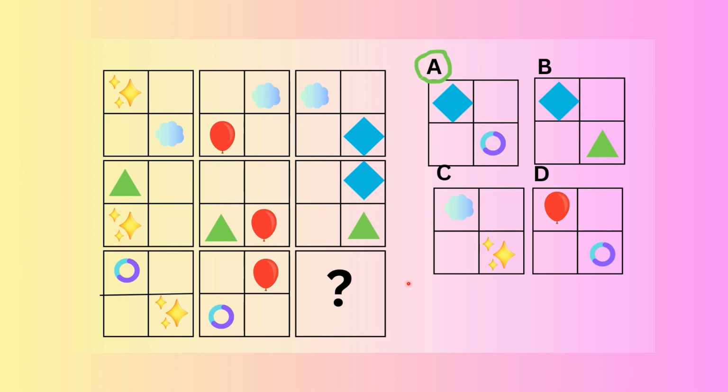So it should be the one that completes our sequence, and then we should have 3 of the kite shapes and 3 of the circle shapes. If we use B, we're going to have 1 kite there, so it will make 3, but we are missing 1 circle again, so it should be the one which completes everything.